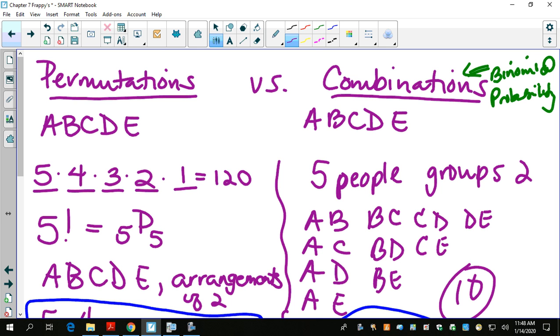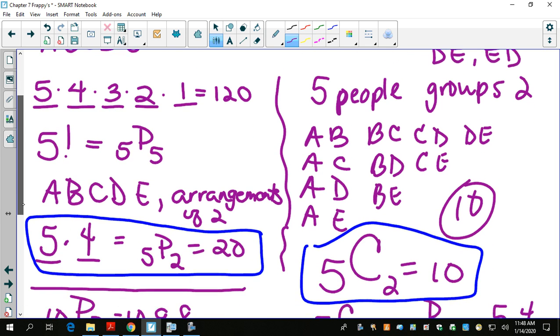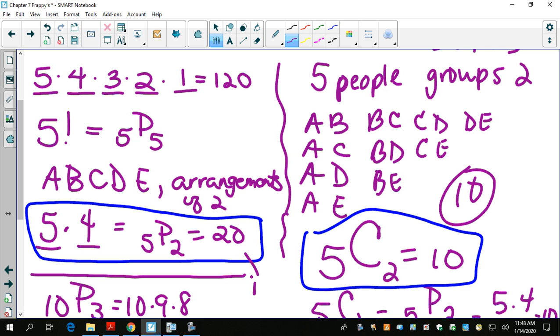So remember, if you're picking groups in a combination, D and E is the same as E and D. But in a permutation, D and E is different from E and D.